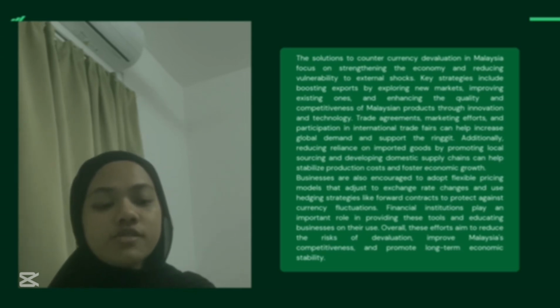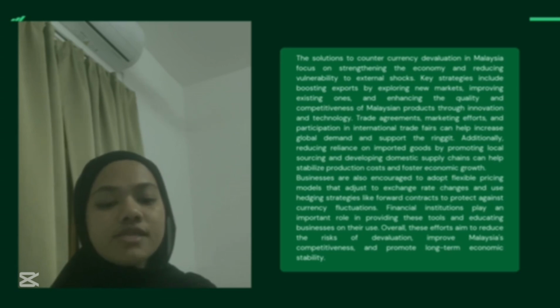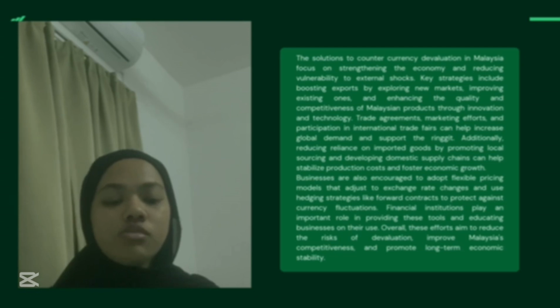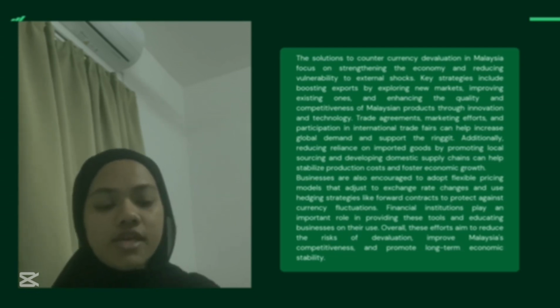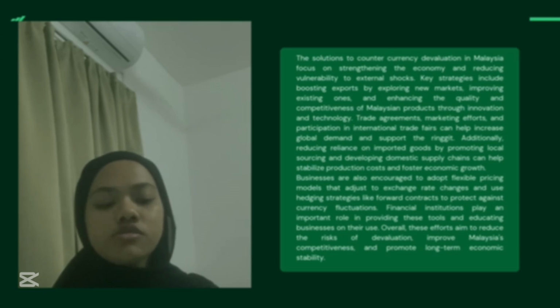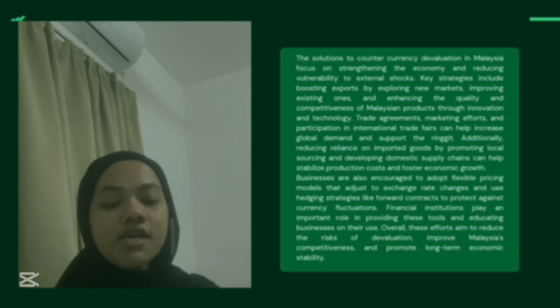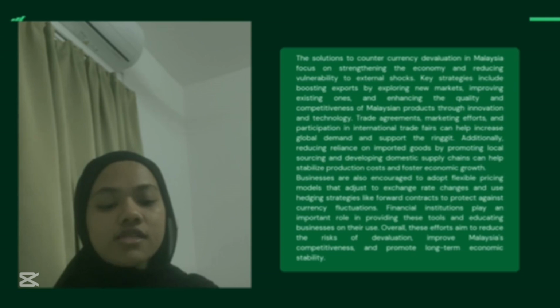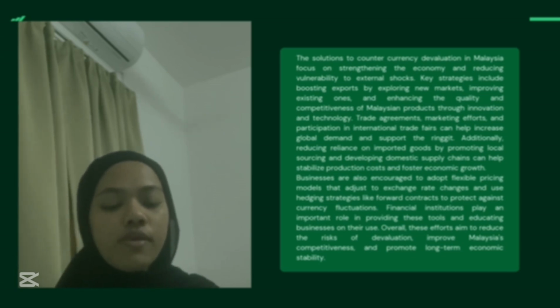Trade agreements, marketing efforts, and participation in international trade fairs can help increase global demand and support the ringgit. Additionally, reducing reliance on imported goods by promoting local sourcing and developing domestic supply chains can help stabilize production costs and foster economic growth.